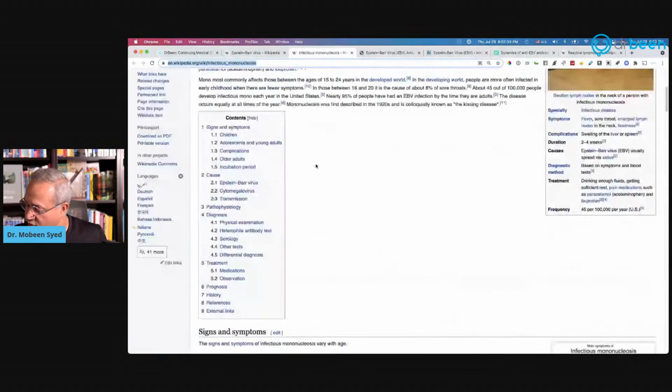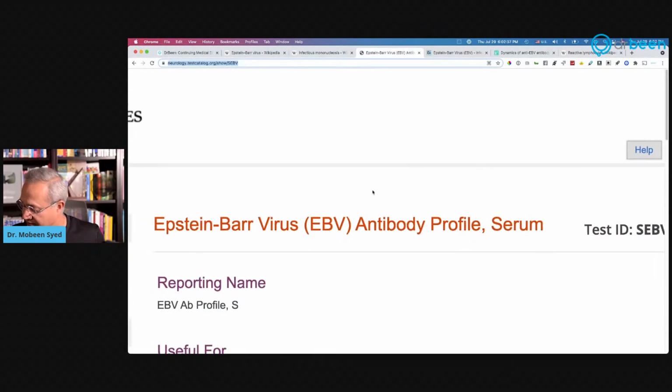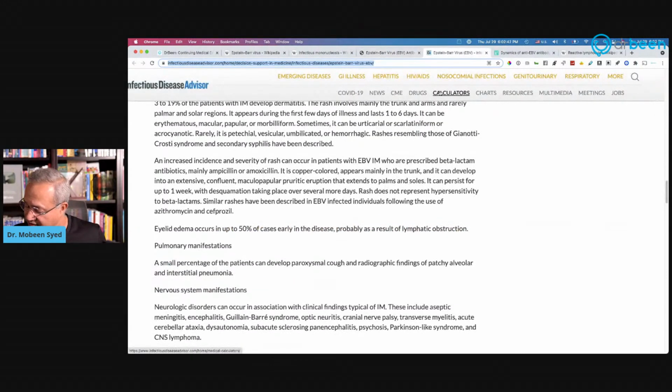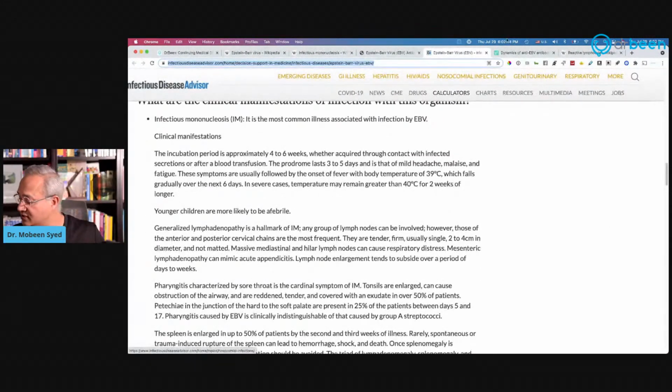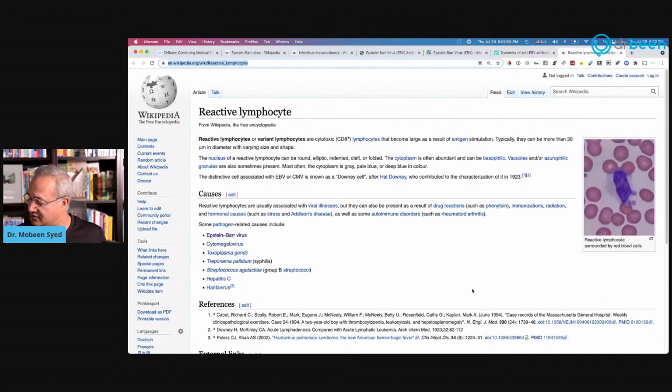This is also Epstein Barr virus. Actually, this is infectious mononucleosis. This is another topic about the EBV. This here is EBV with serology. This is EBV serology and some of the important topics there. And this is the Downey cell and what the Downey cell is.